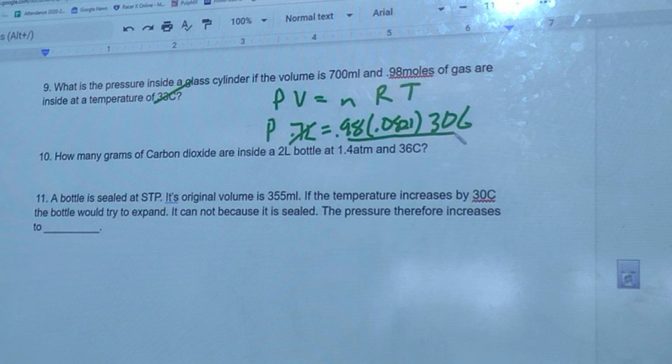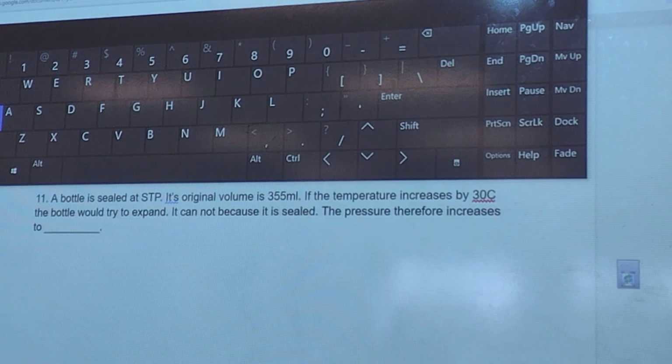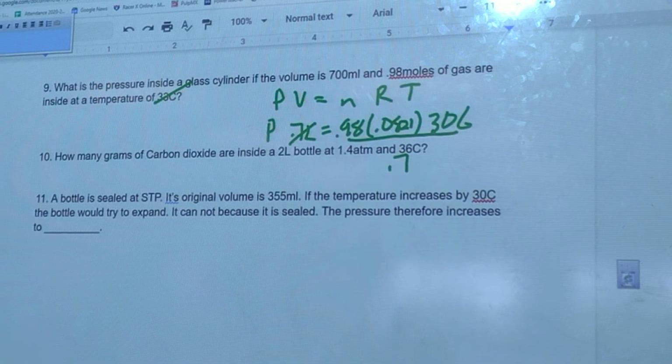Boom. Down here. 0.98 times 0.0821 times 306 divided by 0.7 gives me 35 atmospheres.